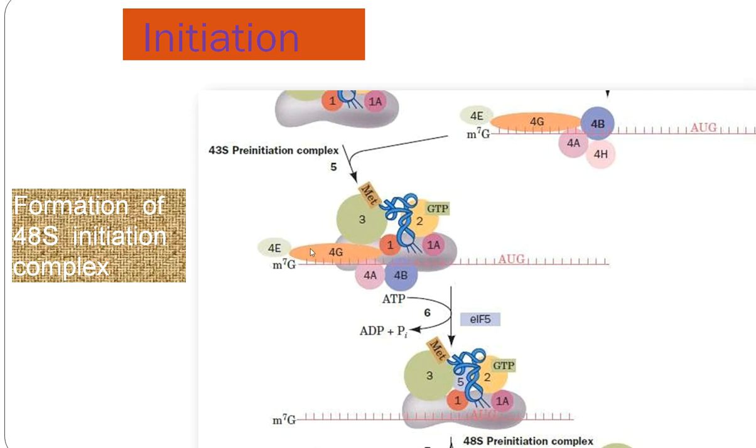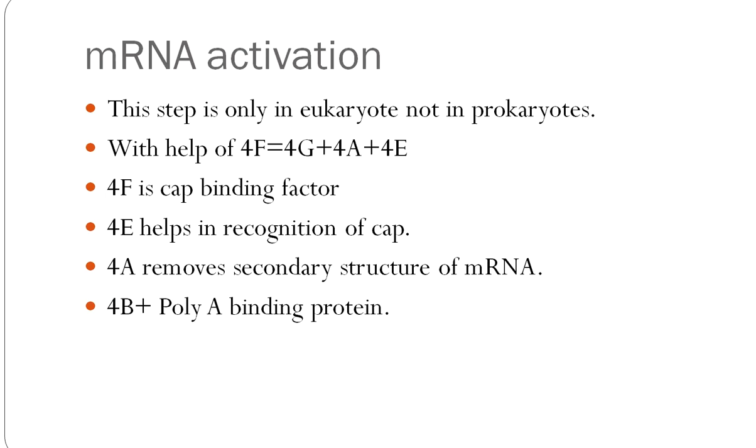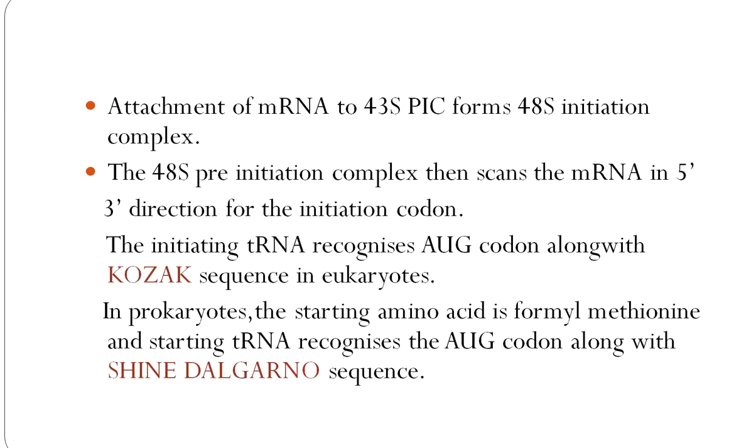activated mRNA binds to the 43S pre-initiation complex, which is mediated by EIF3 and EIF4. So the 48S initiation complex then scans the mRNA in 5'-3' direction for the initiation codon, and the 5' AUG codon is surrounded by the Kozak sequence.